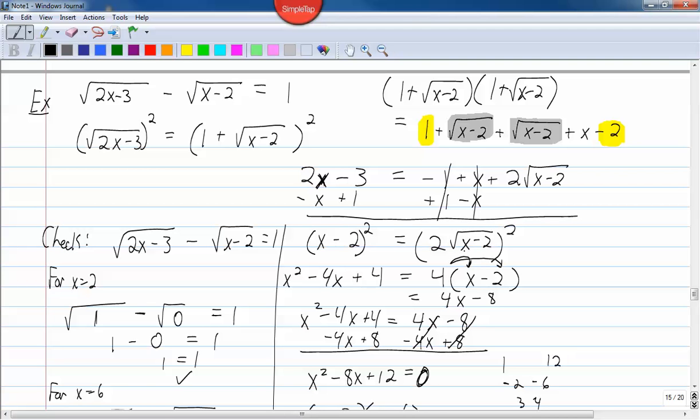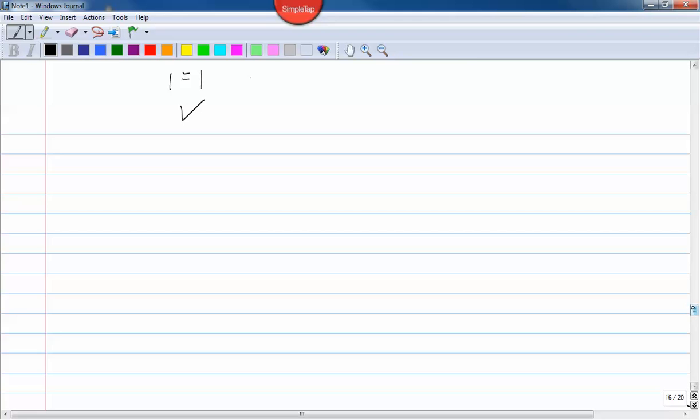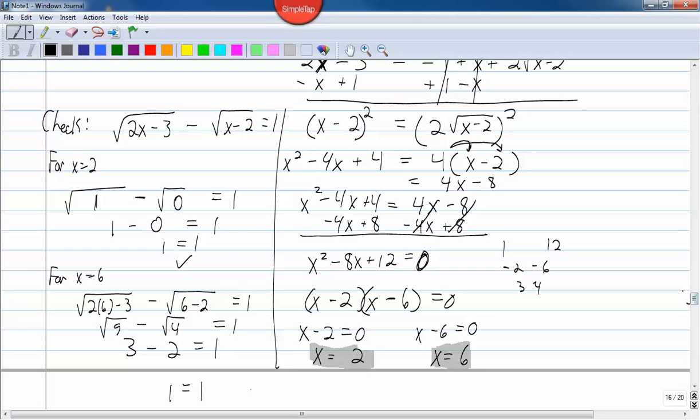After you do that, there are no radicals, but I do have an x squared term. So you're going to do something with a quadratic. So I moved everything to one side. I solved the quadratic equation, and I solved it by factoring, and I got x equals 2, x equals 6.